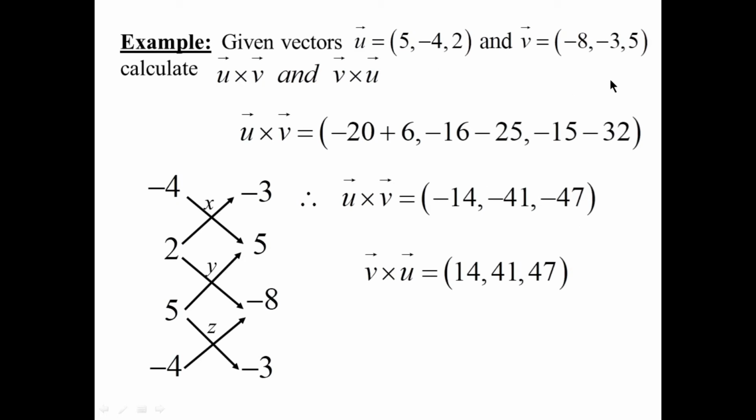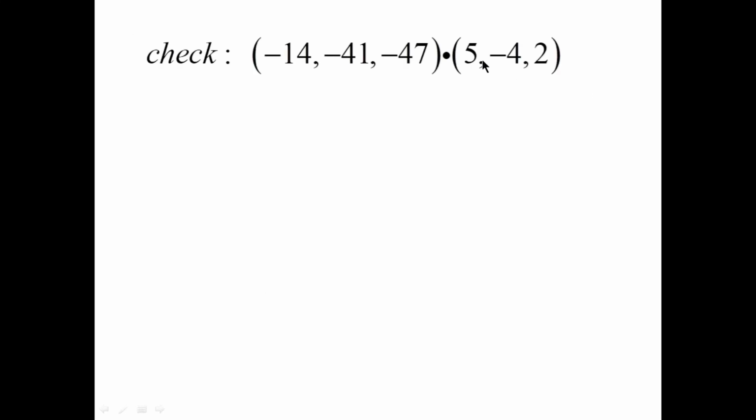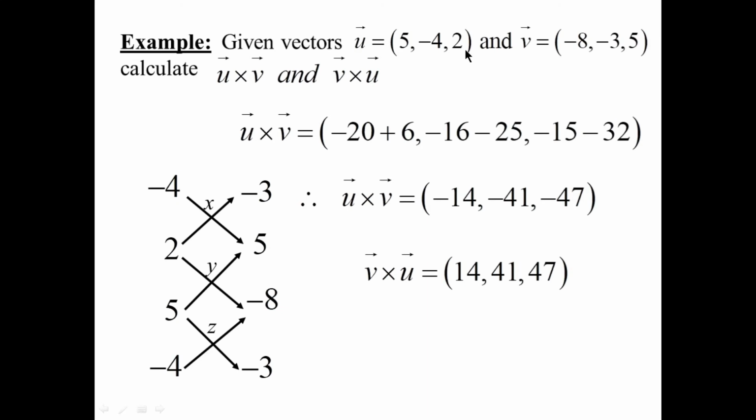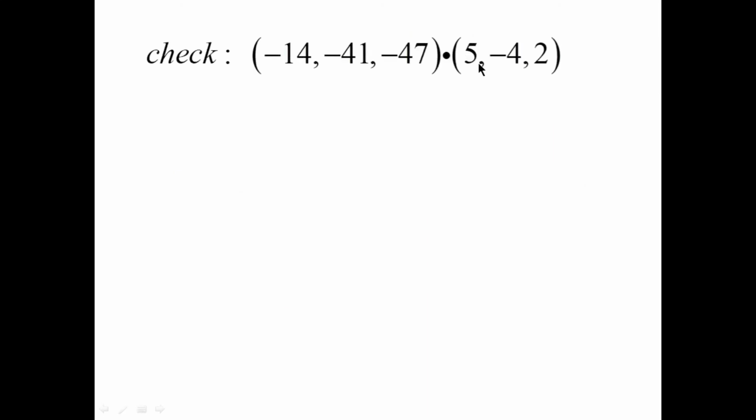We can check that it's perpendicular to them both. How? By taking our cross product and dotting it with each and seeing if we get 0. Well, I took it and I dotted it with the first one, which was 5, -4, 2. And what do we get? -70 plus 164 minus 94, and that is 0.